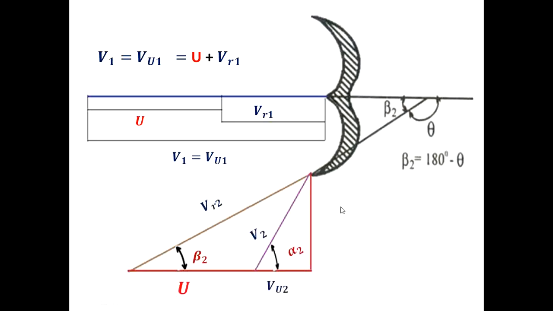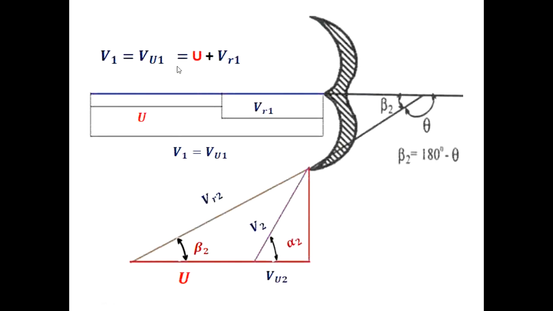Next, as usual, when it takes a 180 degree turn, your beta 2 angle will fall like this, with opposite angles: beta 2, vr2, v2. So please note down this velocity triangle properly. Pause your video, note down this velocity triangle in your notebook, and then go for the derivation. We shall go for the derivation.